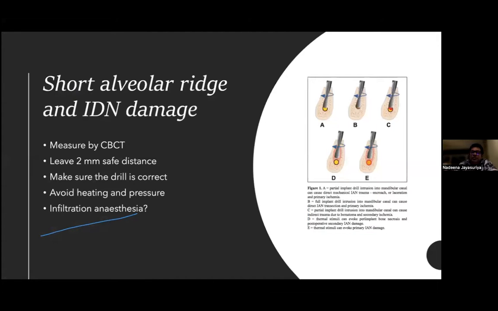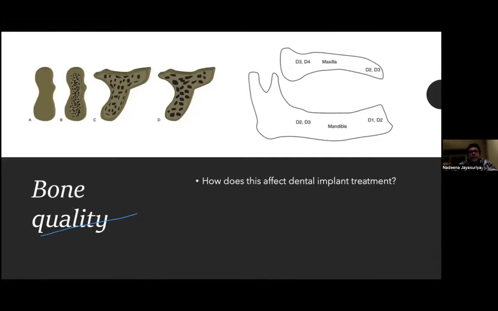So here I told you, if the inferior alveolar nerve canal is close by, you have to be careful not to injure the canal. Other things, not going to go into detail, just to show you, the bone has different qualities. Some areas, especially the lower mandible, the bone is very thick.